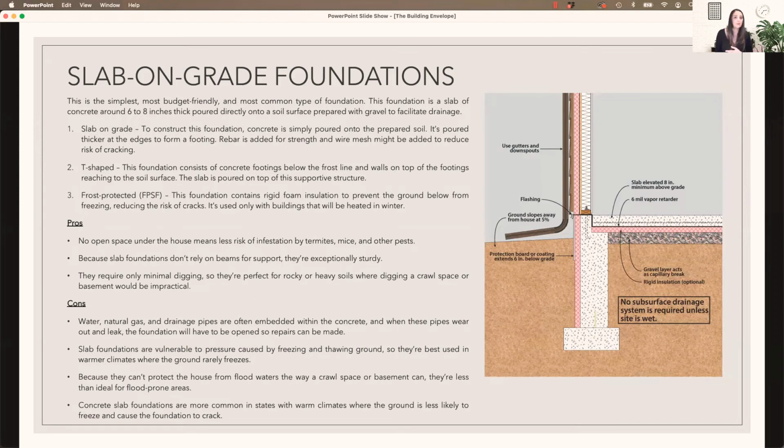Depending on the climate zone, you might have rigid foam insulation between the gravel and the slab. In Colorado, the best example I can give you about slab on grade is your garage. If you have a garage, that concrete floor that you pull into park on is a slab on grade foundation.